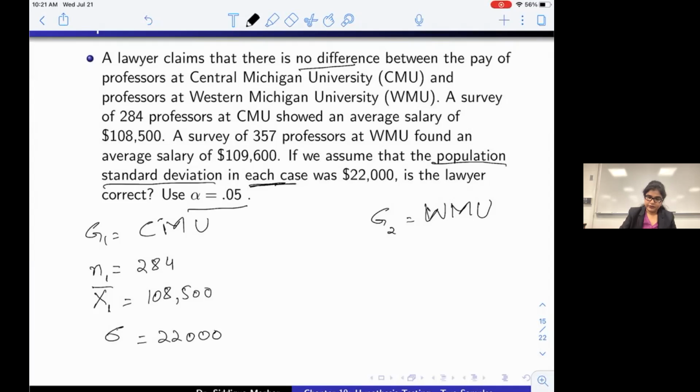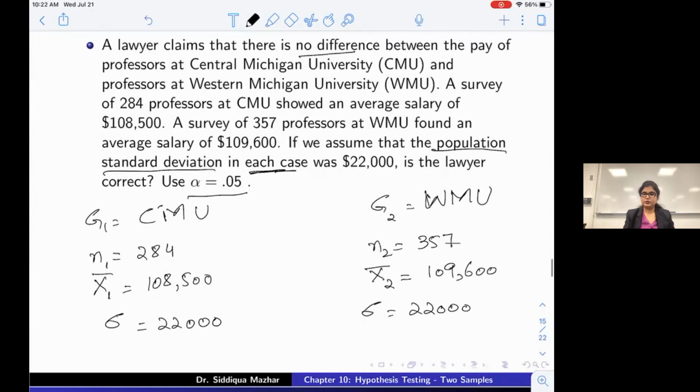And then you have to write down the information for Western Michigan University, which is my group 2. In Western Michigan University, they surveyed N2, which is 357 professors. And on average, the sample average salary they found is $109,600. So again, the population standard deviation is the same in each case.